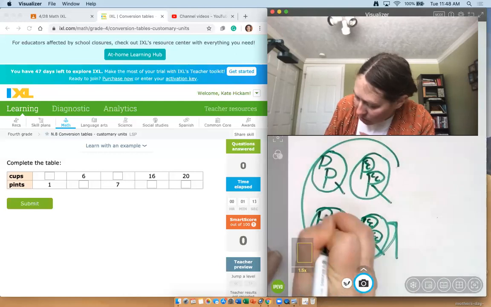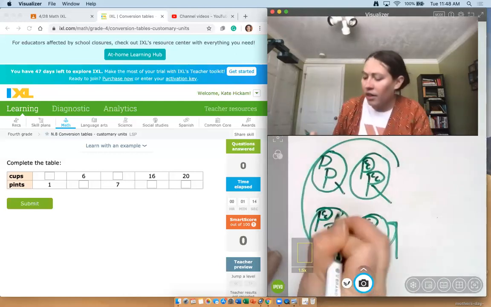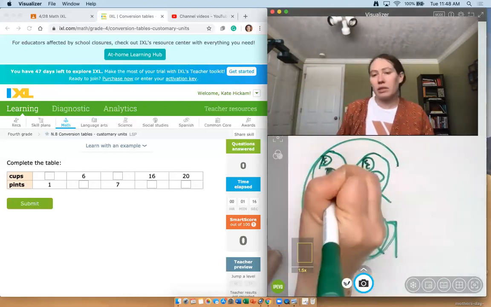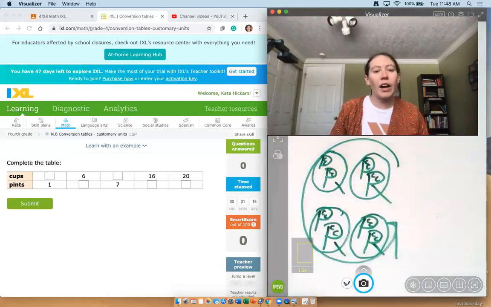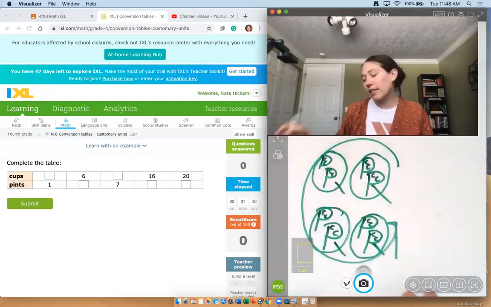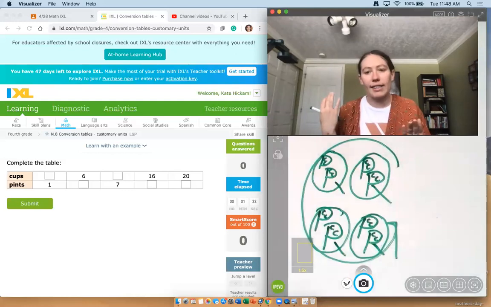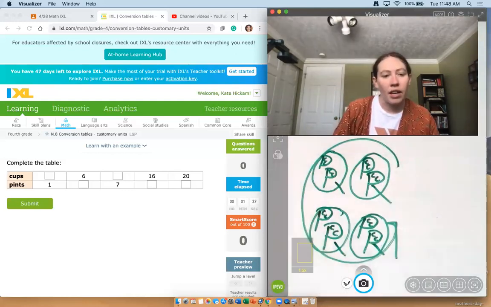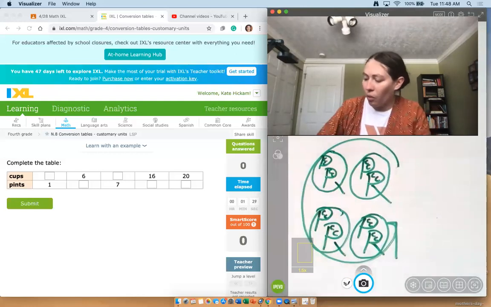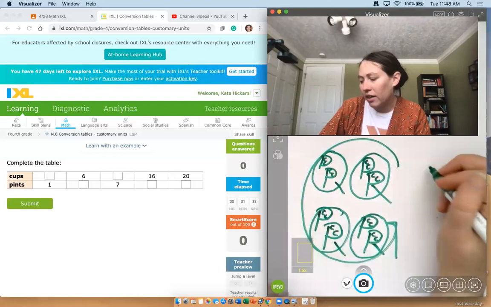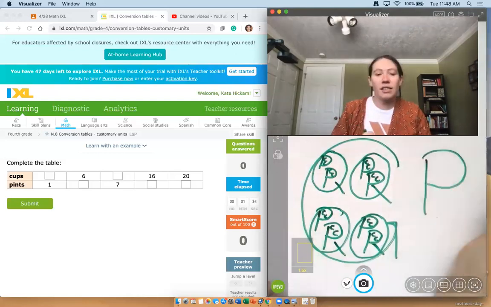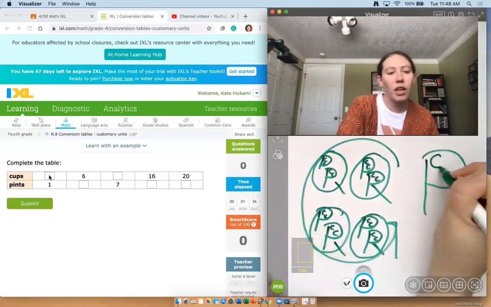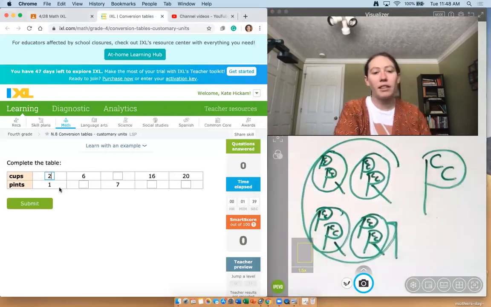So what I'm going to do is first, the reason why I drew the gallon guy is because I see that I'm dealing with cups and pints. So gallon guy has that covered. So this time it has 1 pint, so 1p, and it wonders how many cups are in it. So how many C's? Well, there are 2 cups in 1 pint.